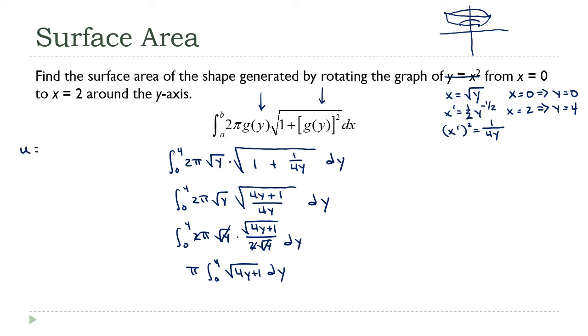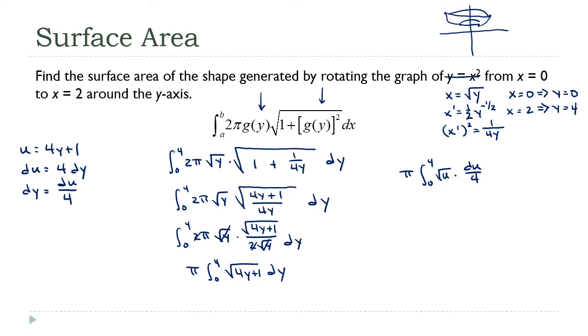Now I'm just going to do a u substitution. We'll let u equal 4y plus 1, du equals 4 dy, so dy is du over 4. If we make that replacement here, this becomes pi times the integral from 0 to 4 of the square root of u times du over 4.